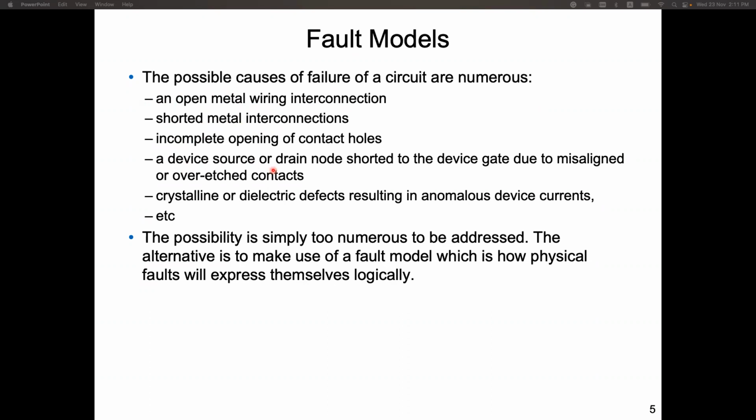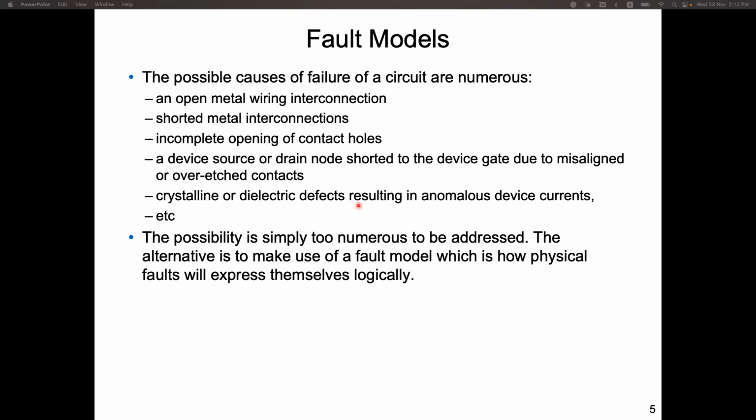A device source or drain node shorted to the device gate due to misalignment, or basically errors in the manufacturing process, or crystalline defects resulting in anomalous device currents, etc. So we have plenty of physical causes for failure.